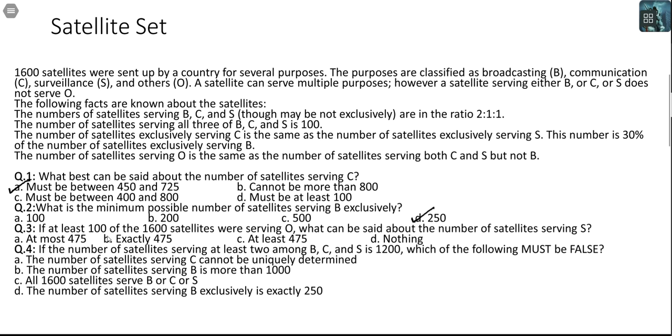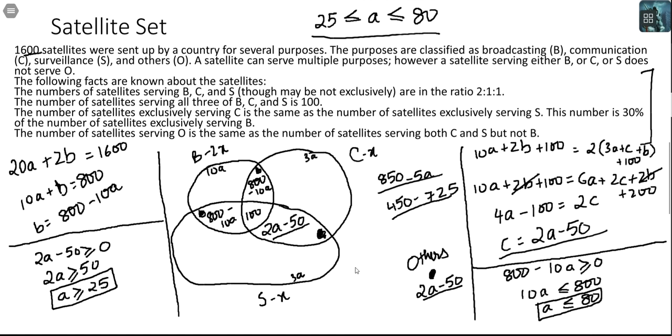Question 3. If at least 100 of the 1600 satellites were serving O, what can be said about the number of satellites serving S? Others were 2a minus 50, and previously we were working with 2a minus 50 greater than or equal to 0.